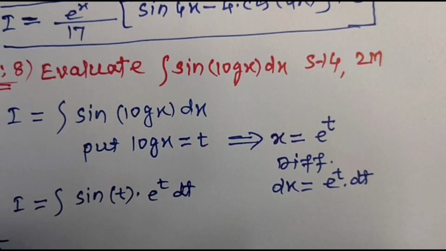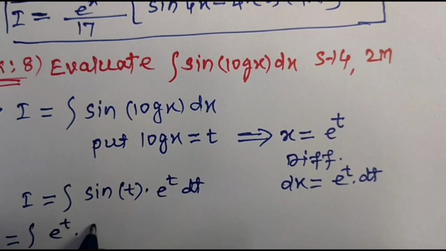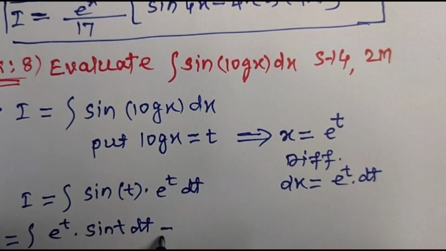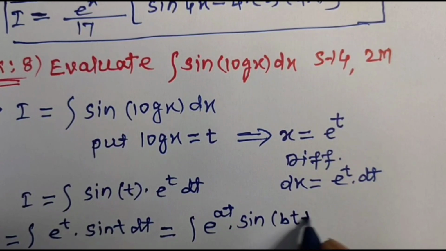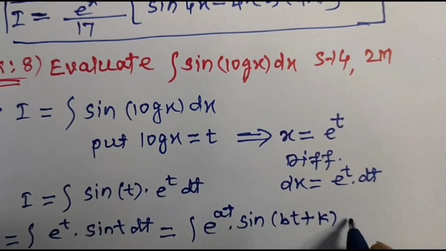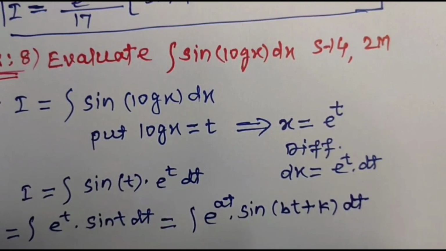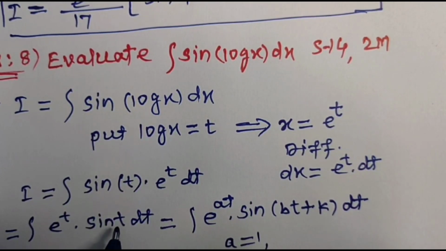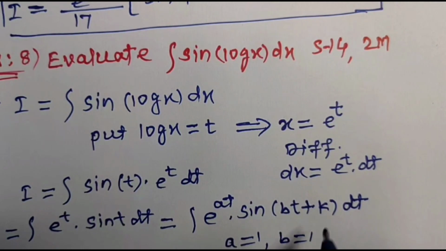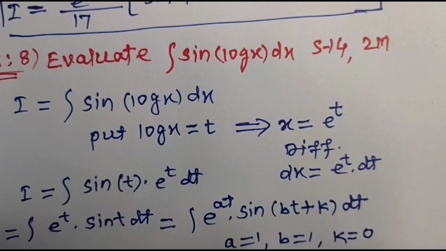I is equal to integral of e to the power t into sine t dt, and compare this integral again with e to the power at into sine of bt plus constant k, suppose, integral with respect to t. Then a is equal to 1, b is equal to the coefficient of t here, which is also 1, and what is k? K is the constant term, and here the constant term is 0, so k is equal to 0.